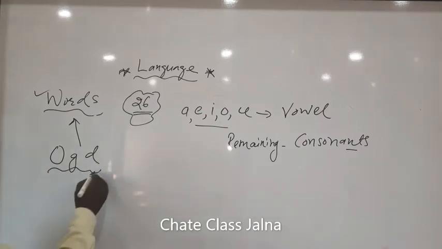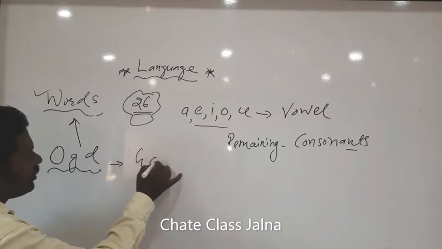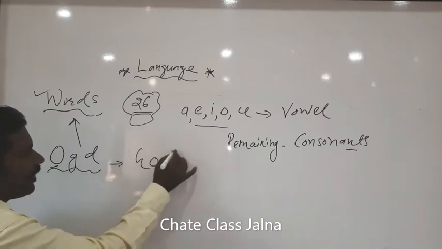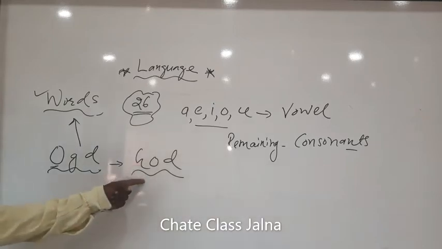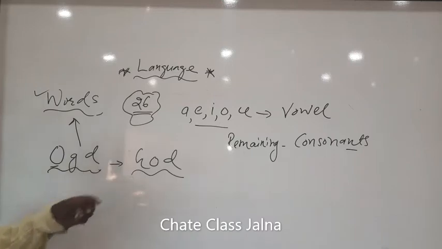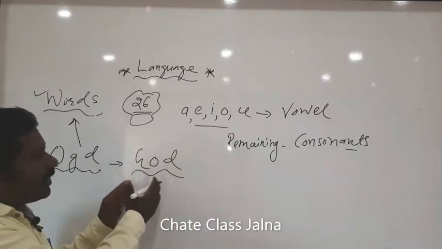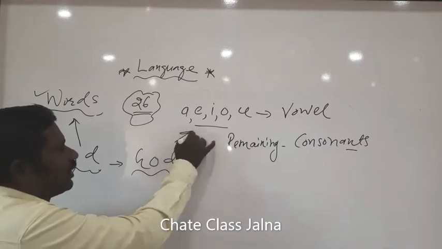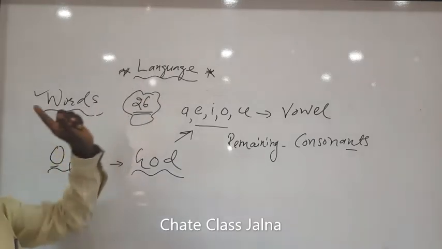But if we use these letters in this sequence, G, O, D, yes, definitely. Now, can you get the meaning? So it is God. So words are nothing but a meaningful collection of the alphabet, and those are the words we use while forming sentences in any language.